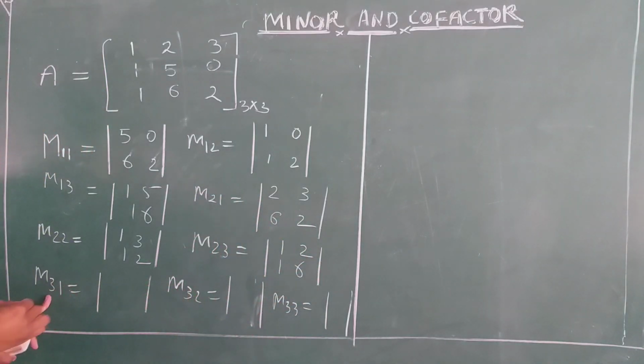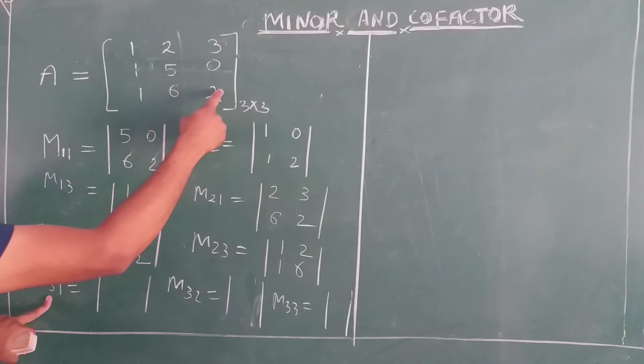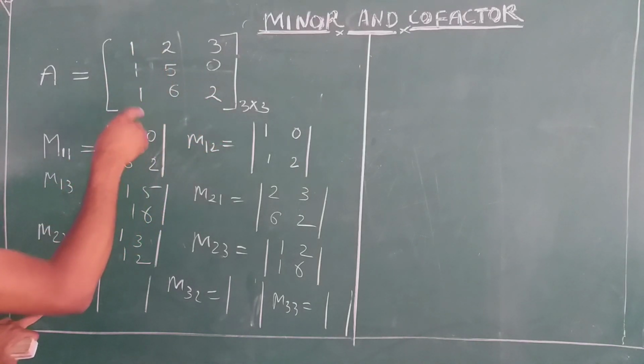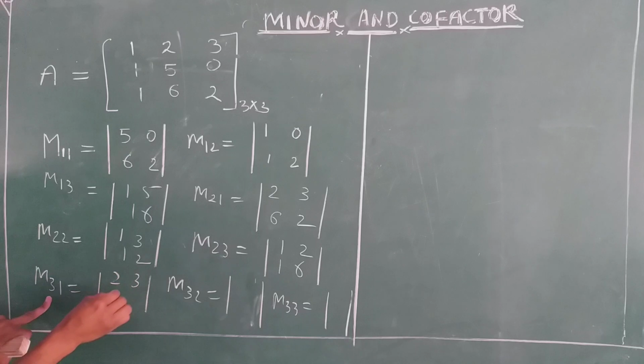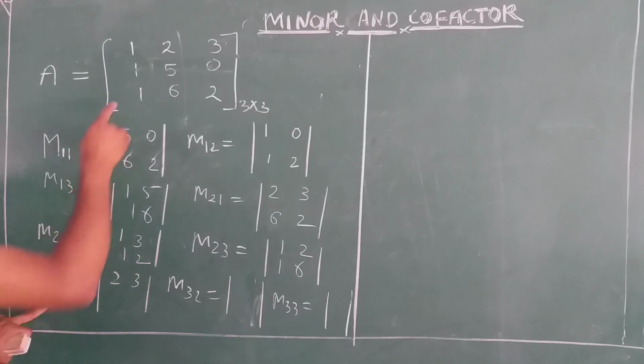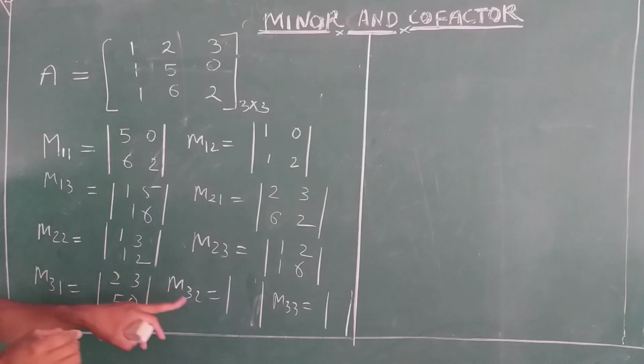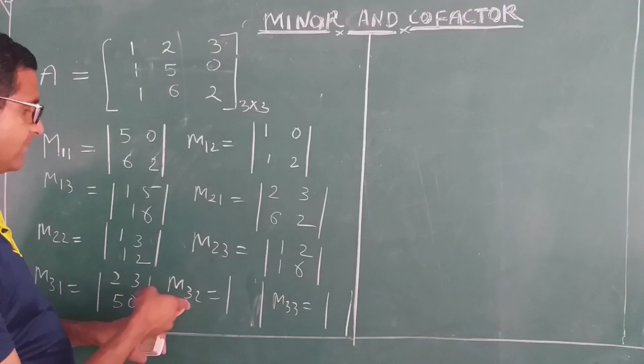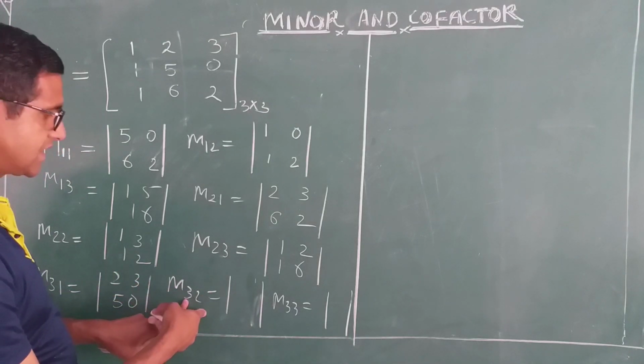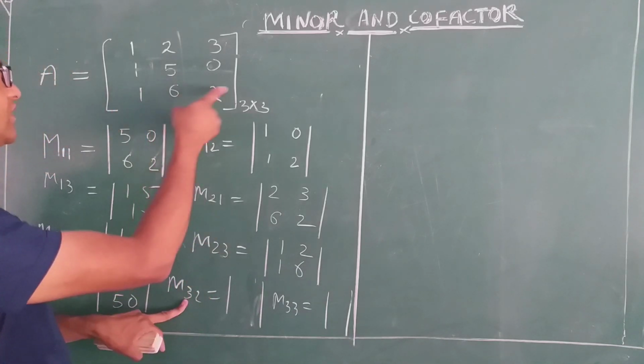Now M31, you will leave third row and first column. Remaining elements you will write: 2, 3, 5, 0. And M32, you will leave third row and second column.